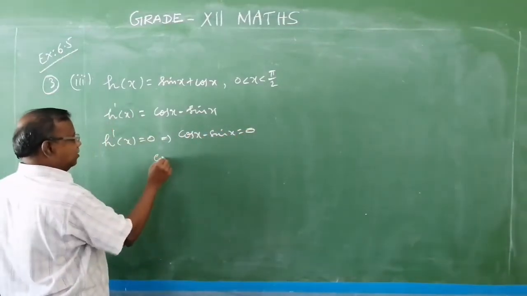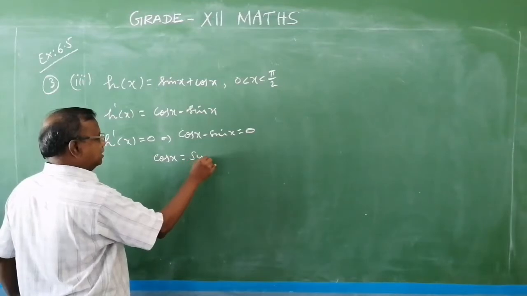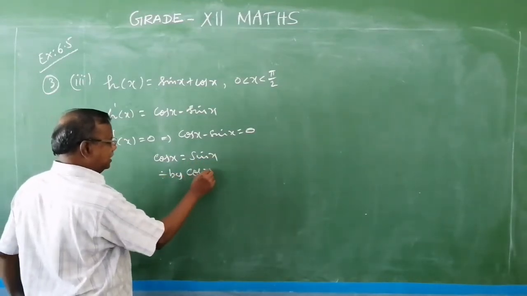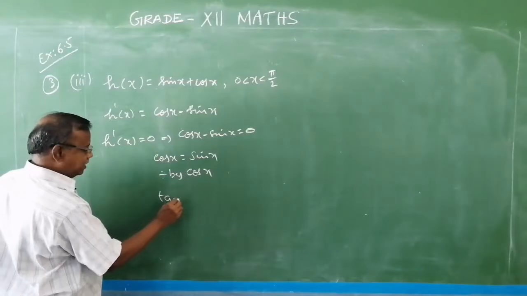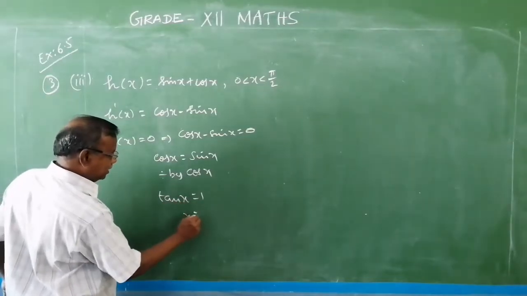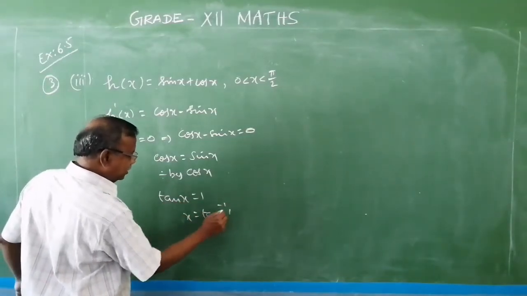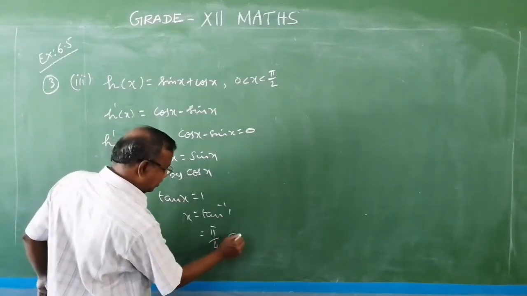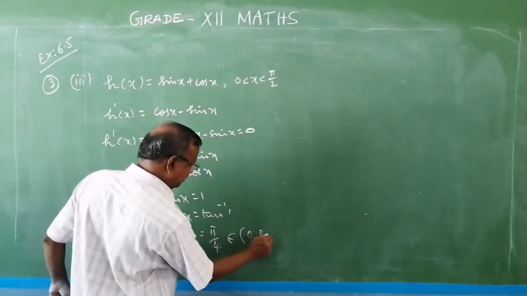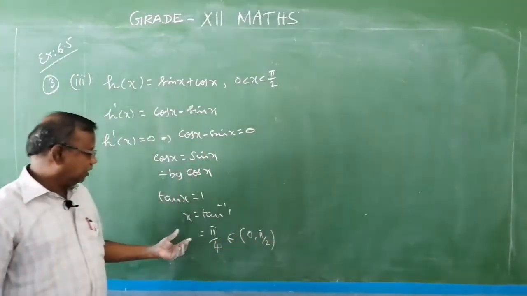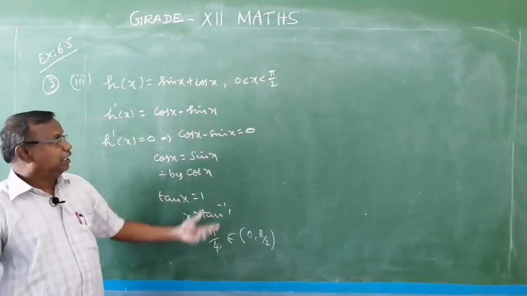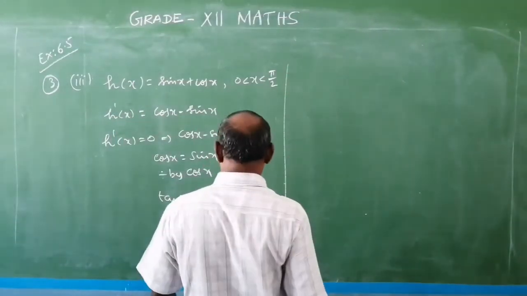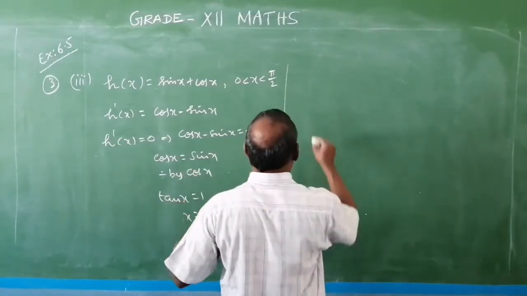This means cos x equals sin x, and dividing by cos x on both sides, we have tan x equals 1, and x equals tan inverse of 1, where the value is pi by 4, which belongs to the interval 0 comma pi by 2. The only critical number is x equals pi by 4, which lies in the interval 0 to pi by 2, and we have to differentiate again.